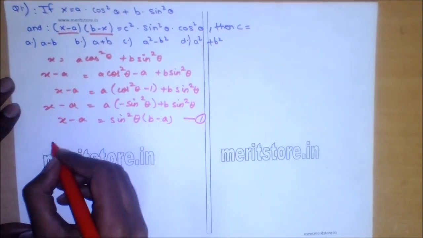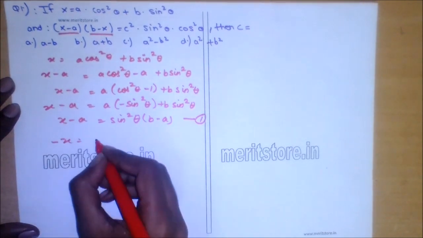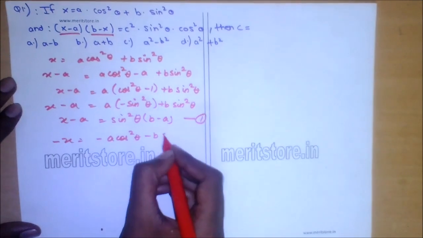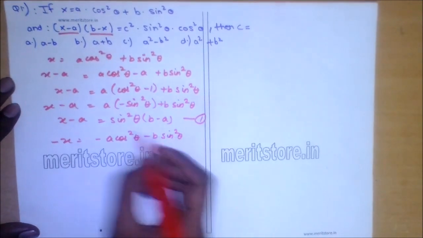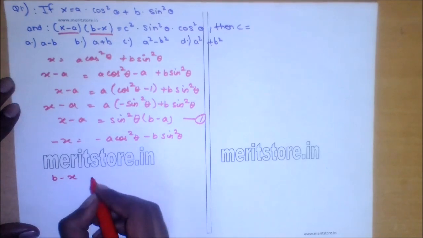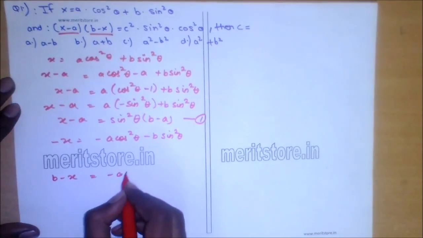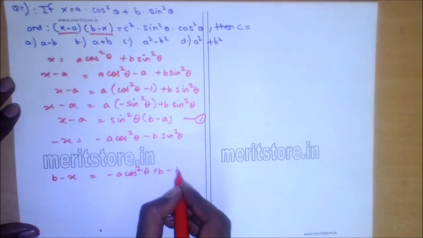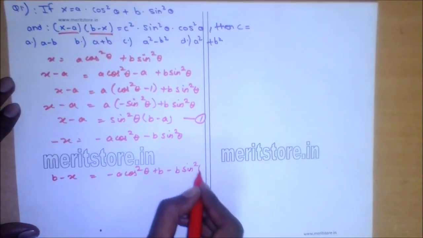Similarly, minus x equals minus a cos square theta minus b sin square theta. We add b on both sides, we get b minus x equals minus a cos square theta plus b minus b sin square theta.